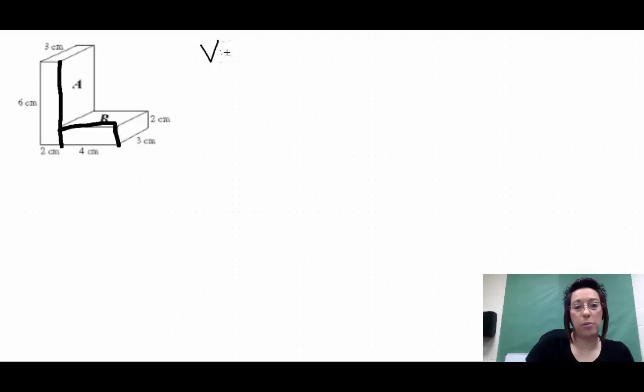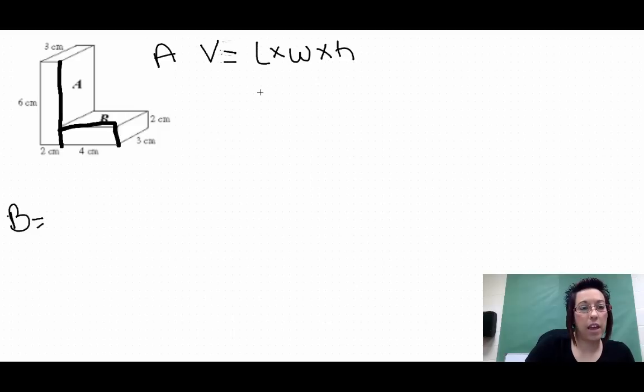So volume equals length times width times height. We're going to go shape A and then we'll do shape B down here and then we will add them together. A, our length is 2 times our width, which is 3, times our height, which is 6.